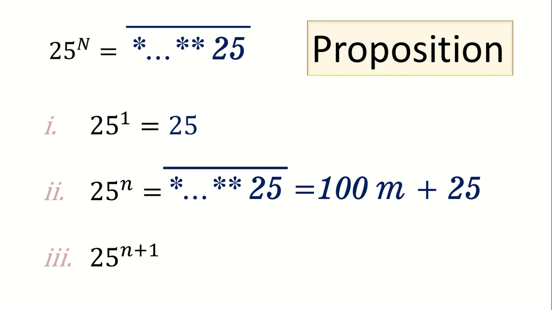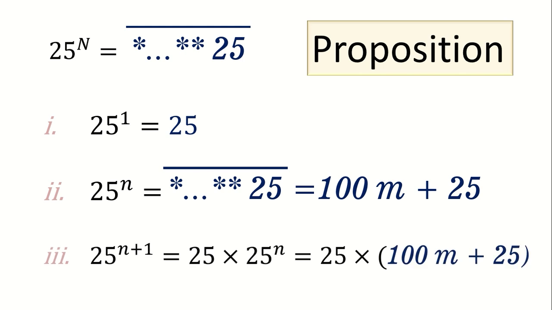And 25 to the power of n plus 1 is equal to 25 times 25 to the power of n, which is 25 times (100m plus 25).